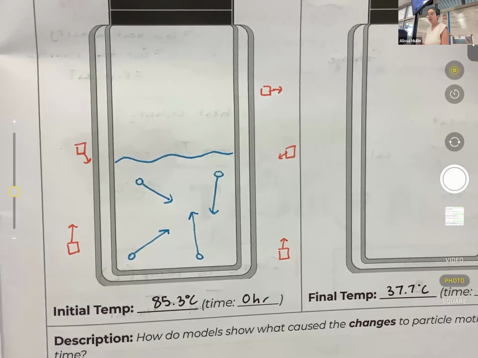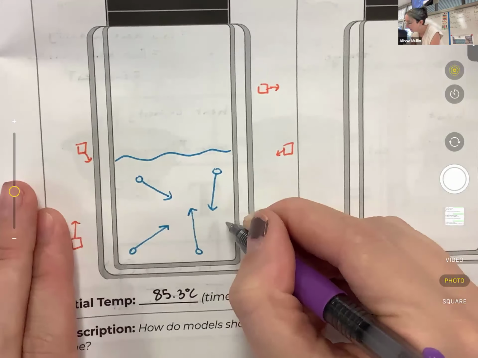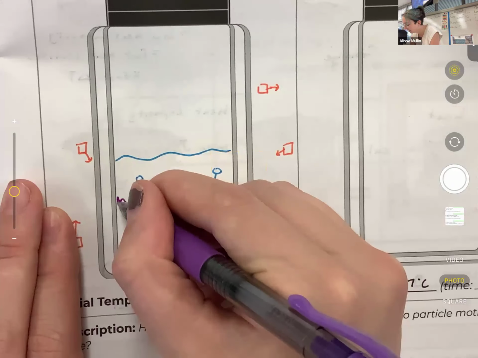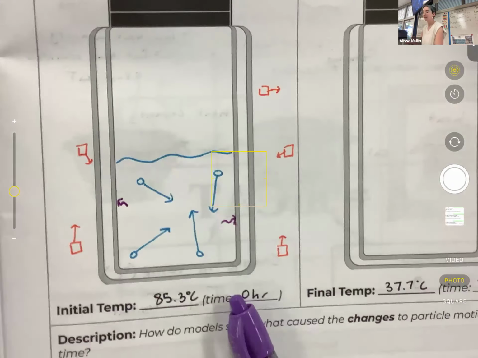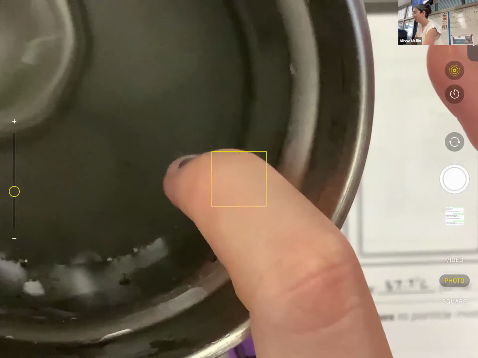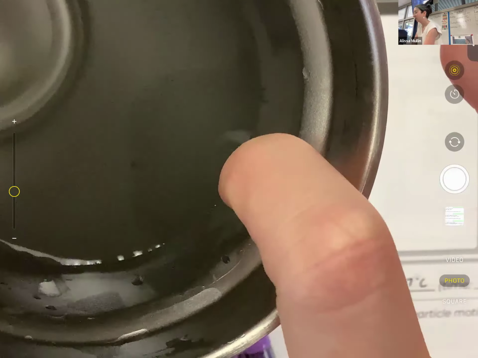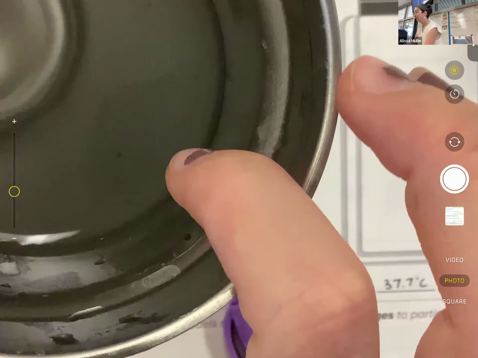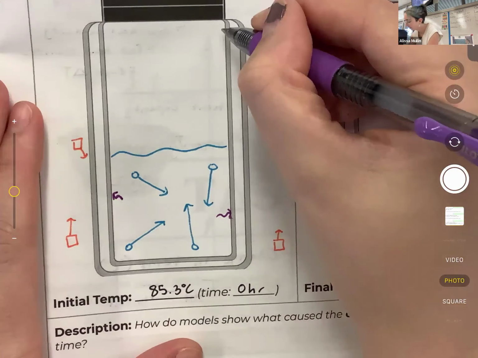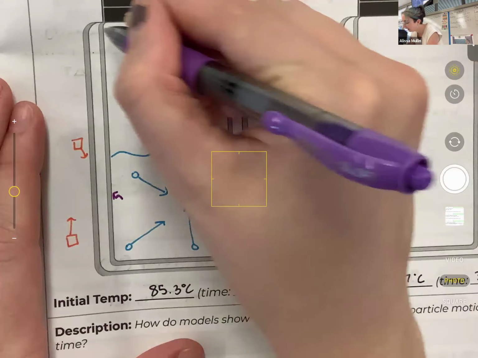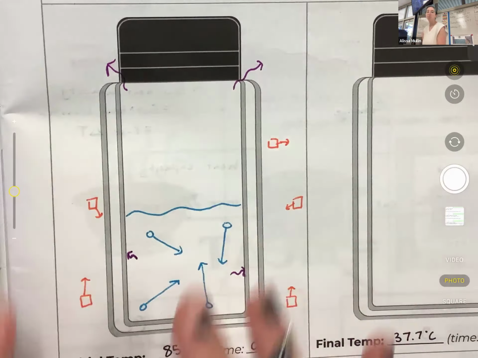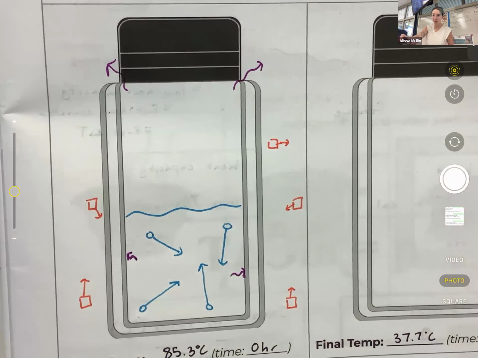The main reason we do see some heat transfer is because the heat from the water gets absorbed into the inside metal. You probably aren't going to be able to see this, but the heat from this water gets absorbed into this inside metal. And then from that, this inside metal is touching the lid and stuff. So it's not perfect. There's going to be some heat escaping, but there's much less contact with the outside.